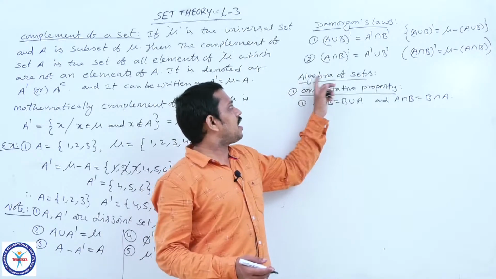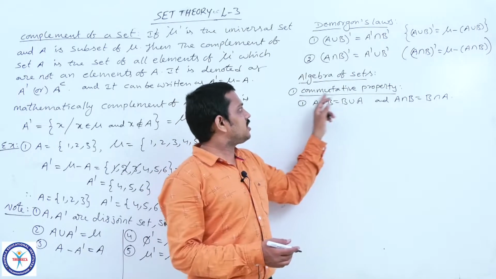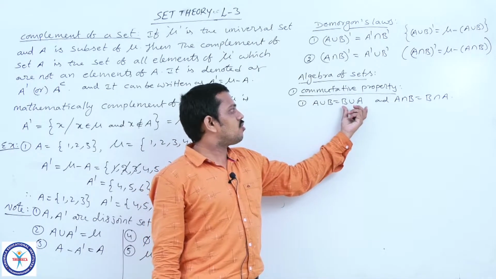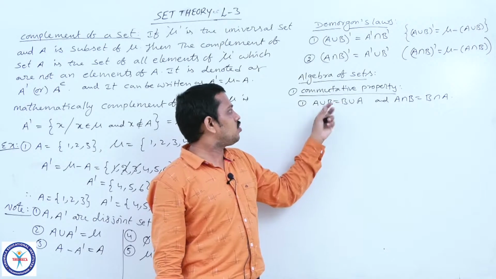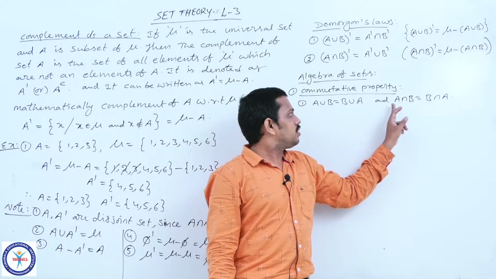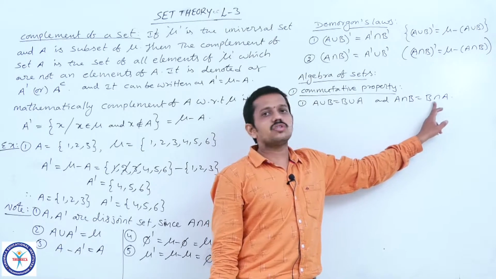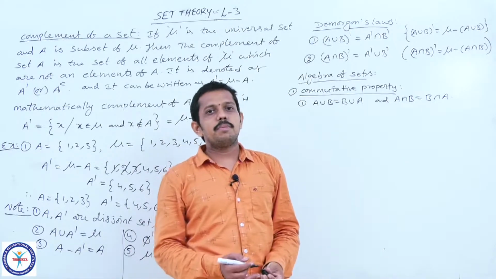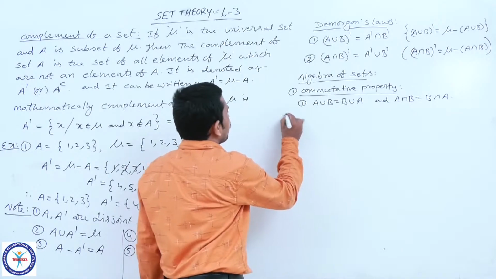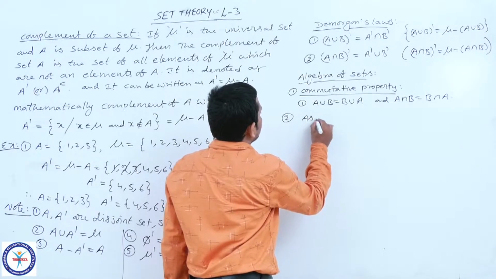So now we will see the algebra of sets. The first one is the commutative property. Here A union B is equal to B union A, commutative over union, and intersection is also commutative. So A intersection B is equal to B intersection A, but the difference of two sets is not commutative. Next property, the associative property.